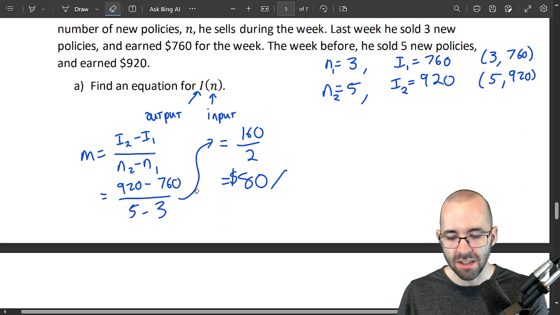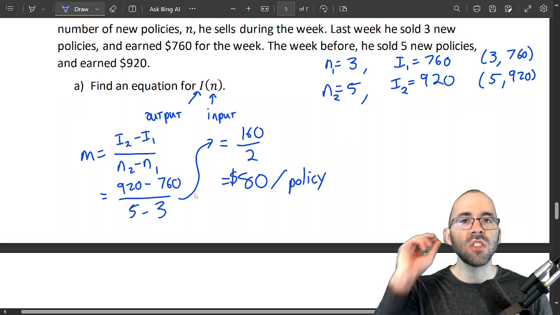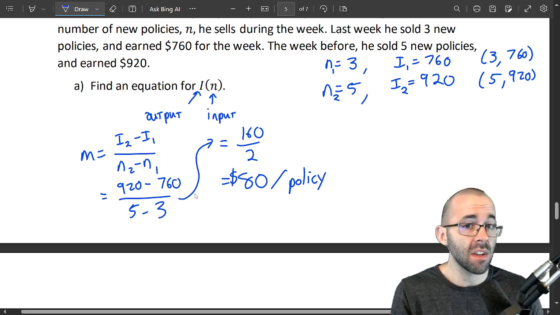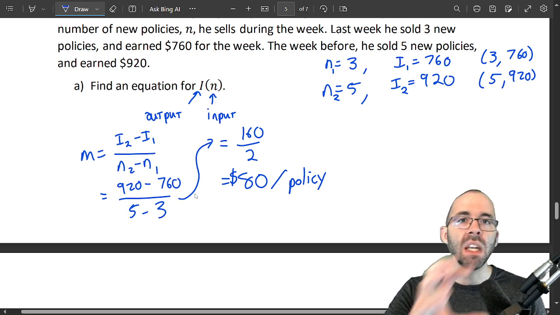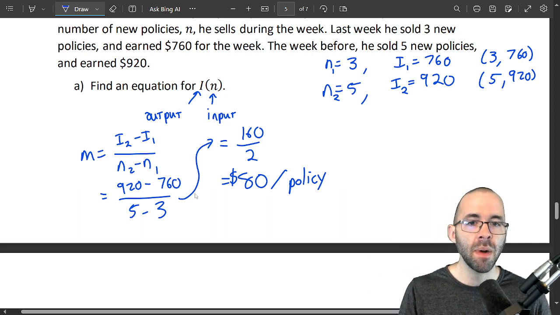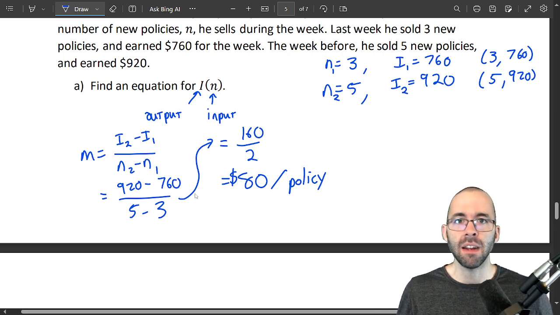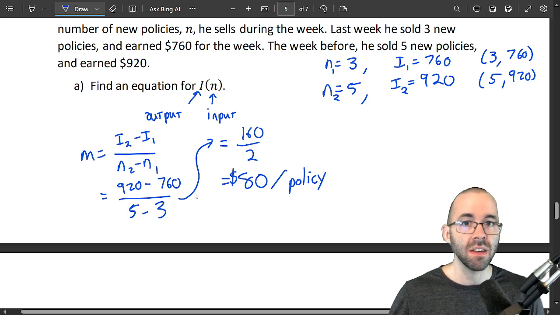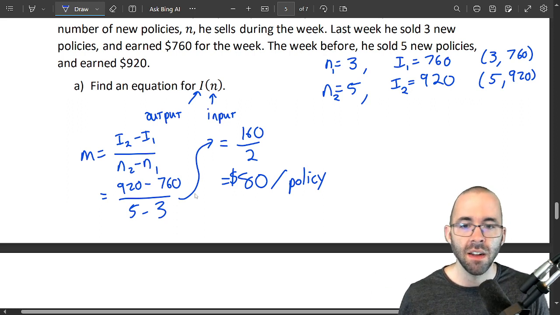That's the number of policies sold. $80 per policy. And as soon as we attach units to this slope, the meaning of the slope becomes much easier to see. $80 per policy. Oh, he gets a commission of $80 per policy that he sells. Great. That's the slope. And that helps us with the interpretation.